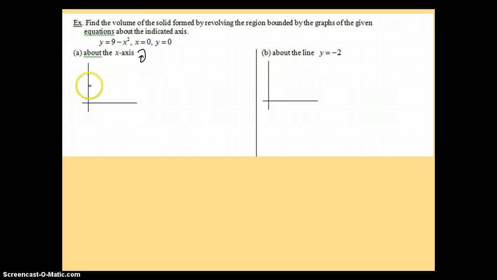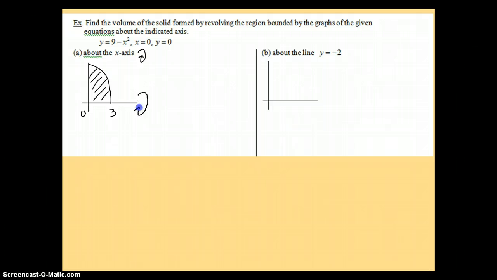So getting the sketch is important. y equals 9 minus x squared should be a parabola, upside down, up 9 units. x equals 0 is the y-axis, and y equals 0 is the x-axis. The part that's bounded is the part in the first quadrant between 0 and 3.